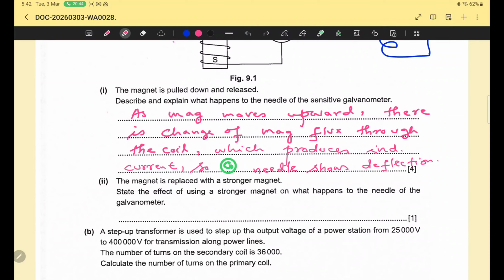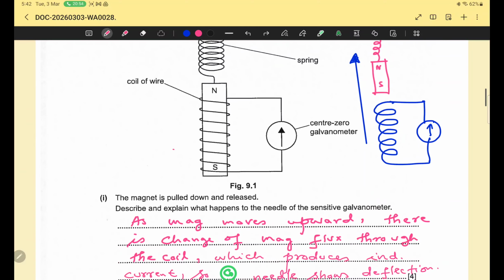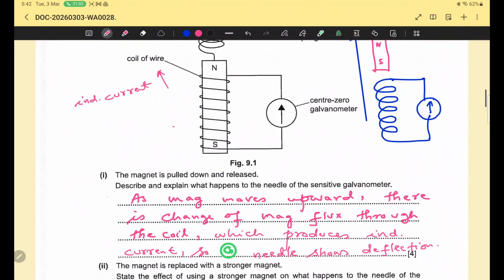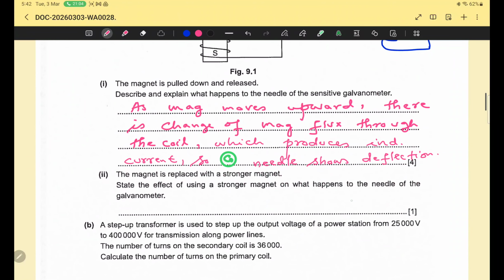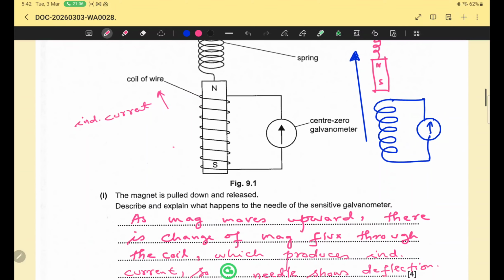And if a stronger magnet is used, then the question is what happens to the needle of the galvanometer? So the answer is, sir, when a stronger magnet is used, then greater induced current will be produced. And when greater induced current is produced, then they are asking what happens to the needle of galvanometer.